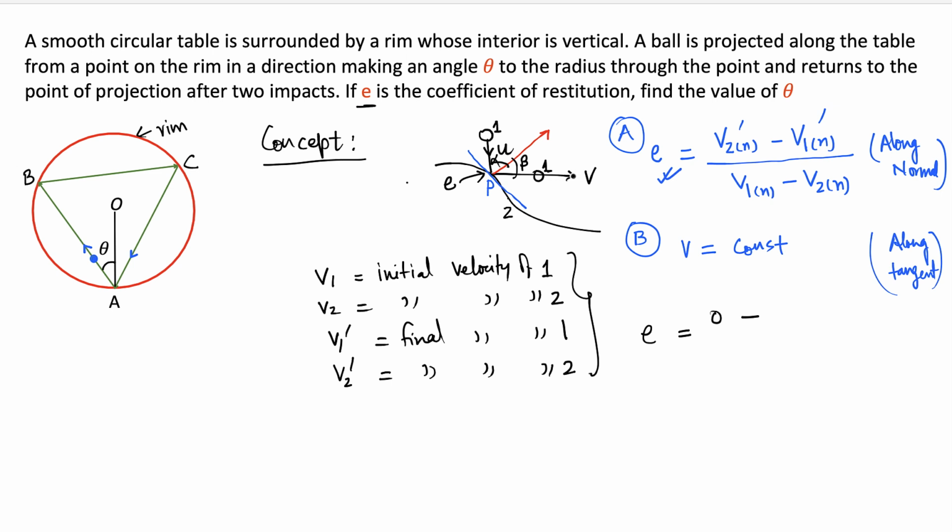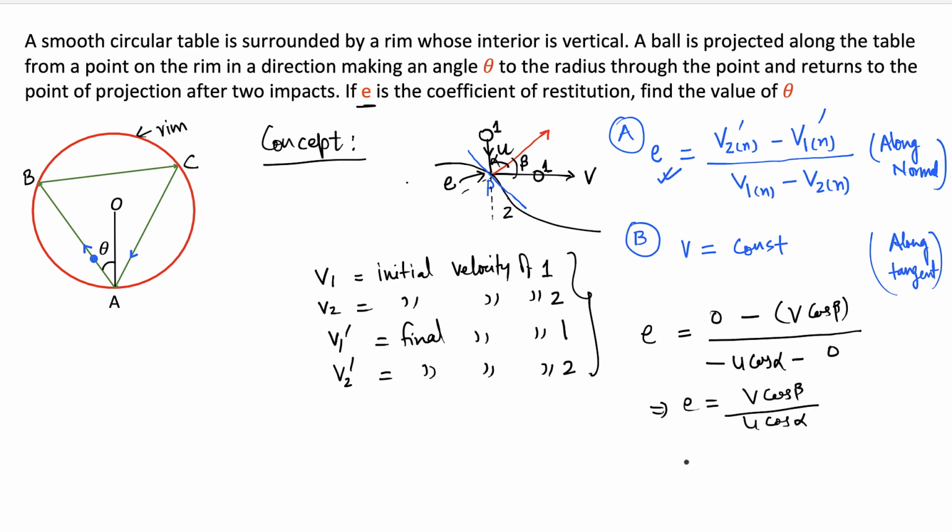This is given V, and along the normal it is V cos beta, divided by the velocity of 1 along the normal before impact. This is u cos alpha, but it is going to be in the negative direction, so negative u cos alpha, and the initial velocity of 2 is also 0. Therefore you get E equal to V cos beta by u cos alpha, and hence V cos beta equals E u cos alpha.